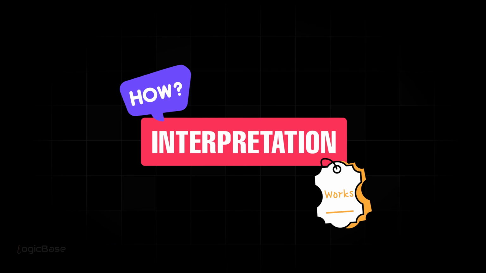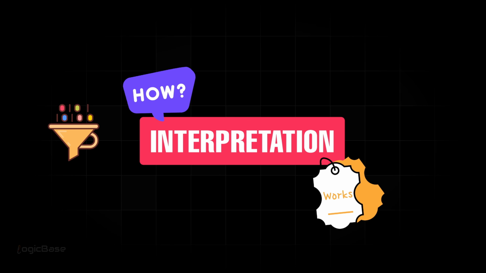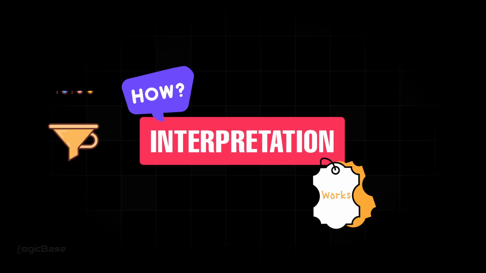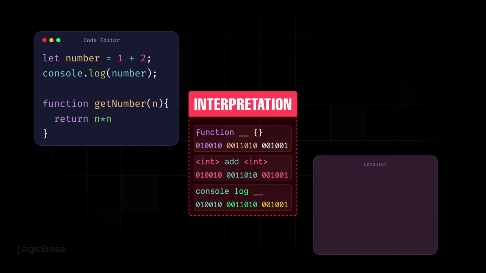Now let's see how an interpreter actually works. How JavaScript code gets converted into machine code through interpretation. Inside the interpreter, there's already a set of equivalent machine instructions for every command or expression we write. For example, look at this piece of JavaScript code. It contains several lines of instructions. The interpreter already knows the corresponding machine-level operations for each of these lines.